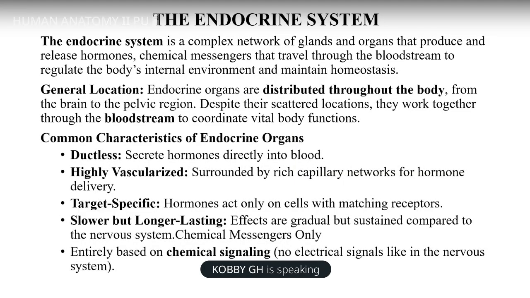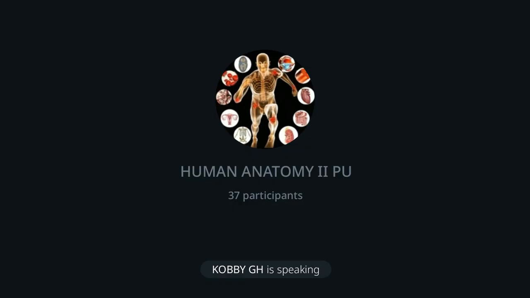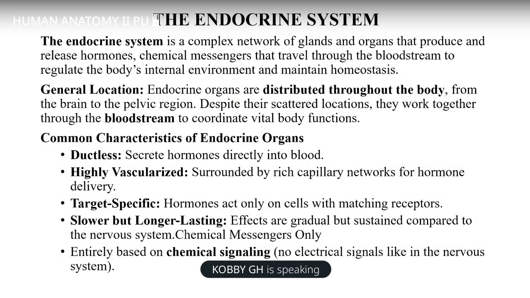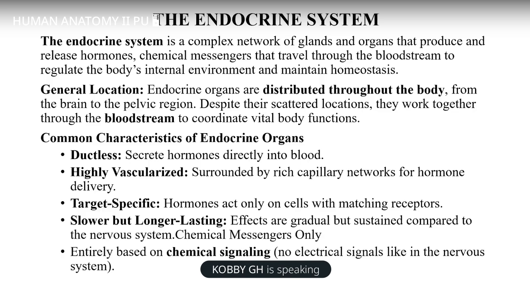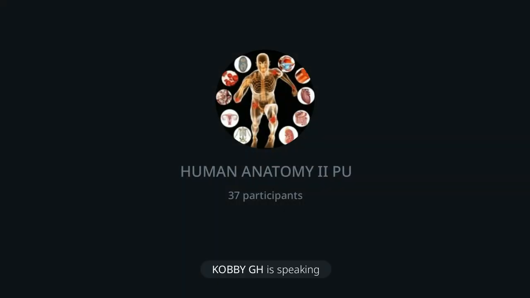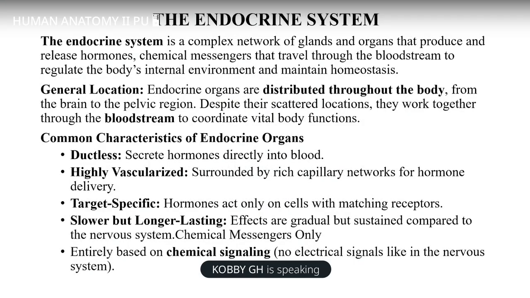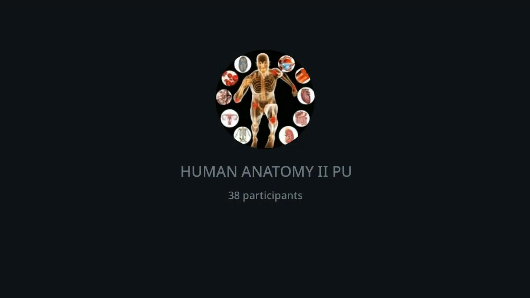Is that okay? Great. Then we also learned that endocrine system organs are target specific. When we say target specific, what we mean is that endocrine organs secrete hormones, and the hormones have specific cells they target. Otherwise, there will be chaos in the body.